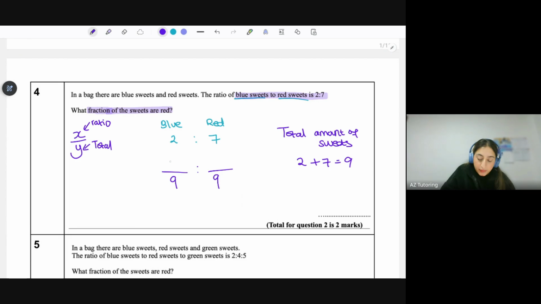And the ratio of blue is 2. So 2 out of the 9 are blue and 7 out of the 9 are red. And you will know your answer is right because these two should add up to the total. So it's always better to double check that your answers do add up to the total amount. It says, what fraction of the sweets are red? So the red is just 7 out of 9. And I can't simplify that, so I'm not going to simplify it.